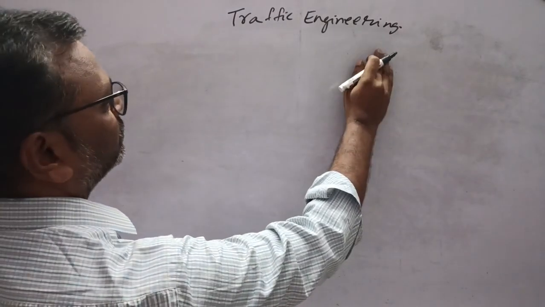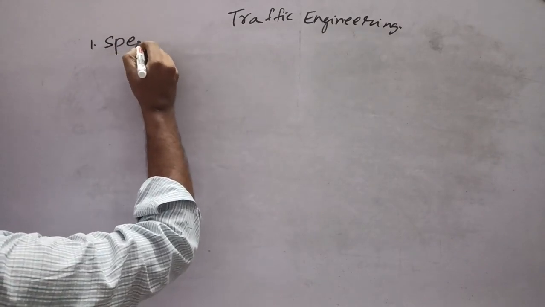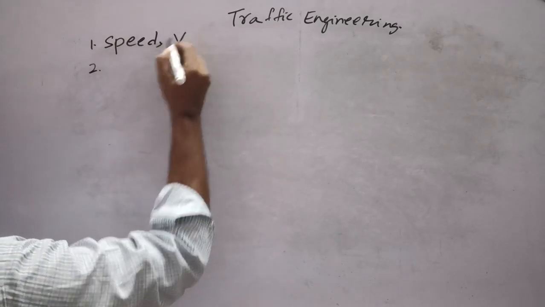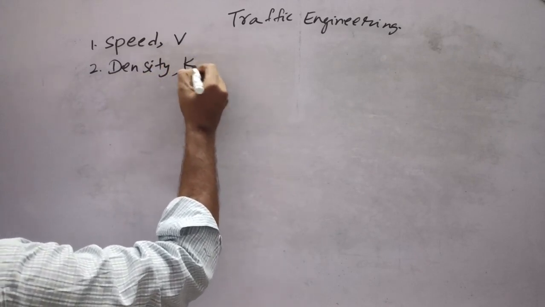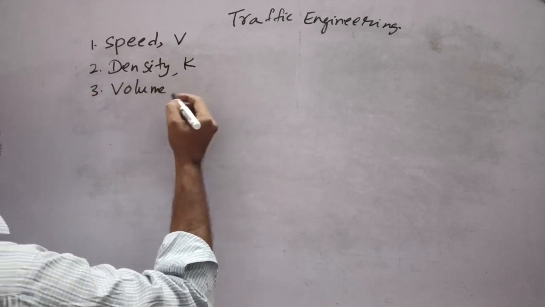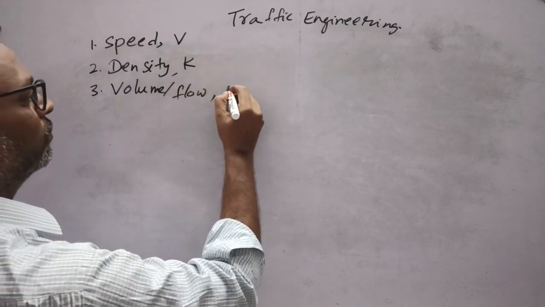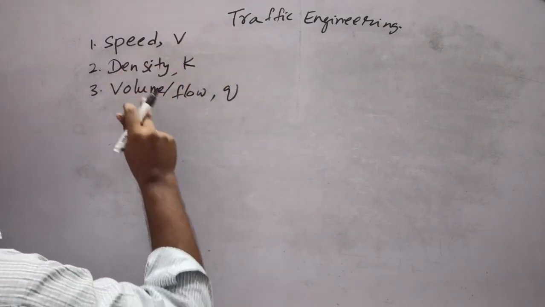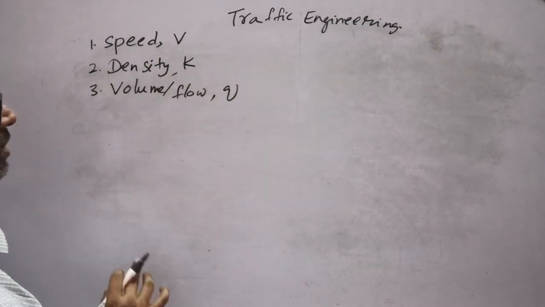In traffic engineering we have three basic parameters: speed, density and volume. You can also call volume as flow. Speed is generally denoted by V, density by K, and volume by small q.